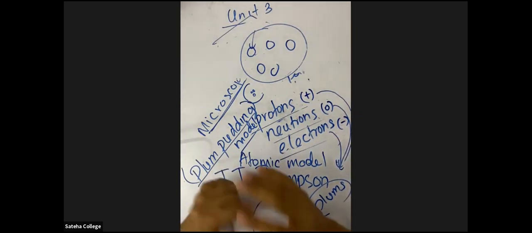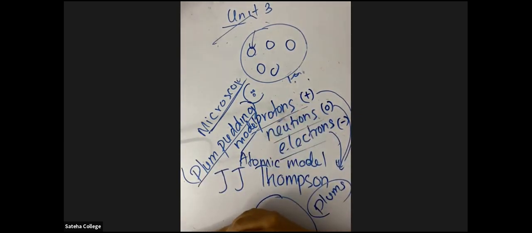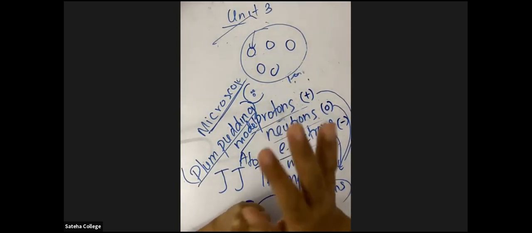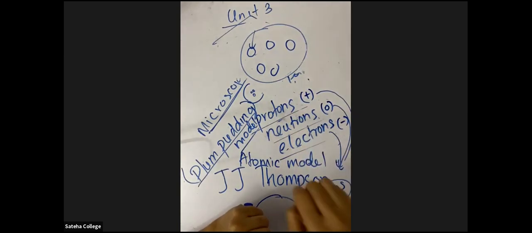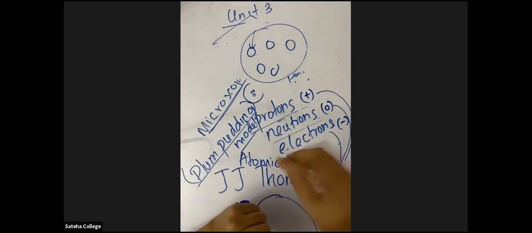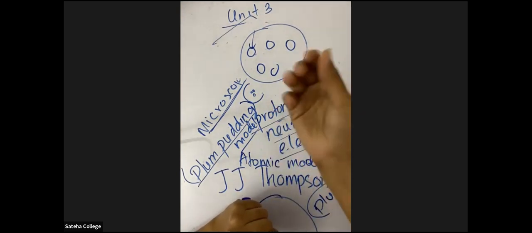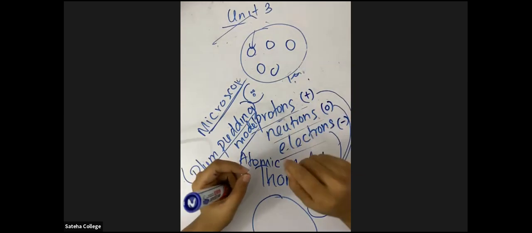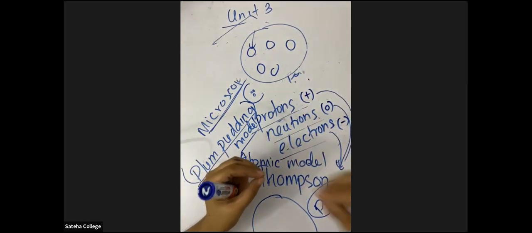Now came the next problem. One scientist asked him, okay, you're saying these are the plums. Now are the plums the same or different? When you put plums, they are the same plums.